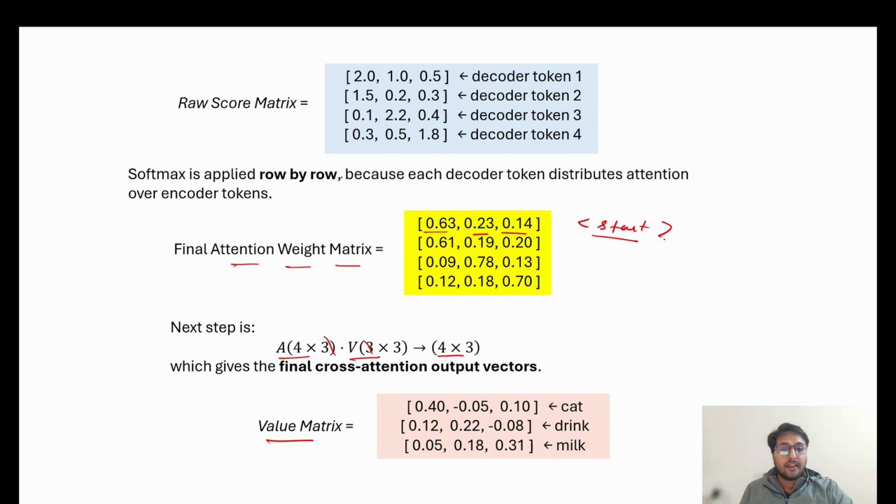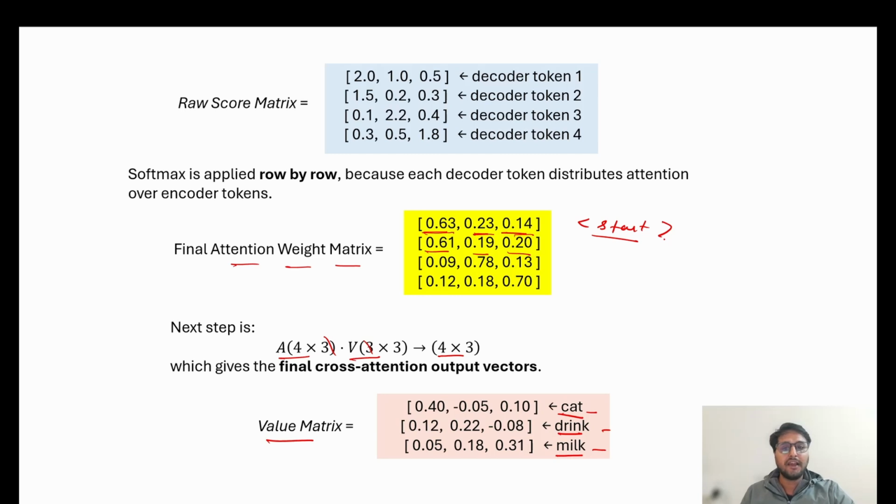So now the start word gives 63% importance to the cat word, 23% to the drink word, and 14% to the milk word. Similarly, the cat word gives 61% importance to the cat word, 19% to the drink word, and 20% to the milk word. This is what this whole mechanism is saying.